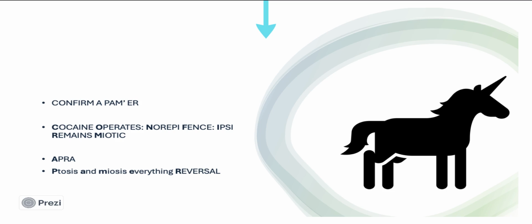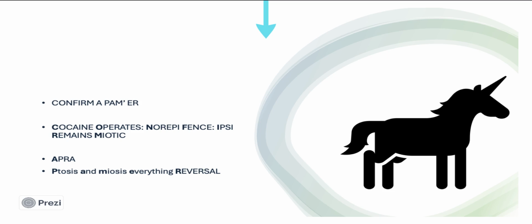CONFIRM, a PAMR, meaning C is for cocaine operates by norepinephrine fence, so it blocks the norepinephrine. On the ipsilateral side, it remains miotic, so that spells out confirm. Cocaine remains miotic. That's the biggest takeaway.